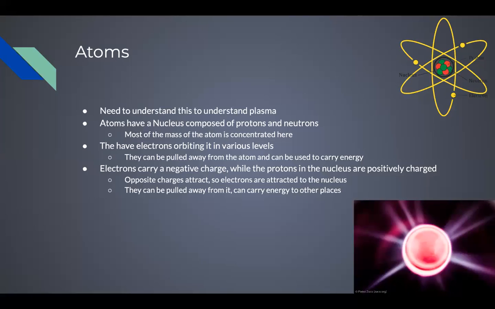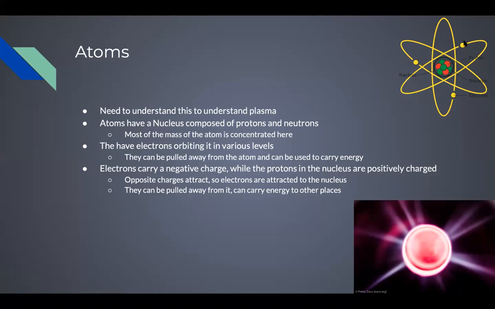But in order to understand what plasma is, we need to understand atoms. I don't know how many of you know what it is, but I'm not going to risk anything, so we're just going to go over it. We have to start at the very basics. So what are atoms? If you see in this diagram over here, they essentially have a nucleus composed of protons, which are displayed in red, and neutrons, which are in green.